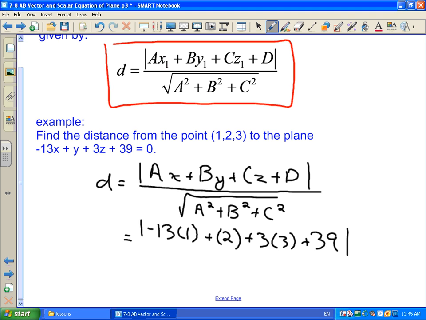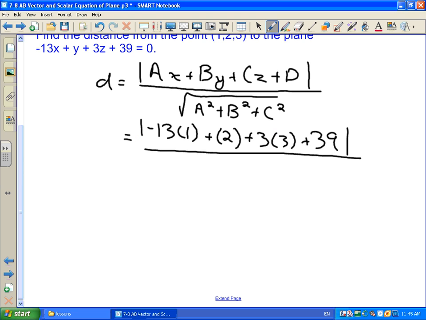And we want to take the absolute value of all that stuff. Down in our denominator, we're going to do the square root of negative 13 squared plus 1 squared plus 3 squared.